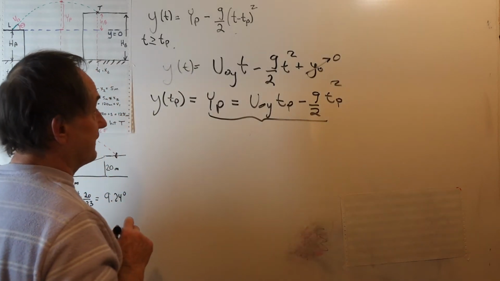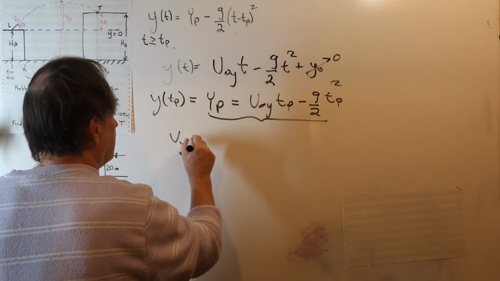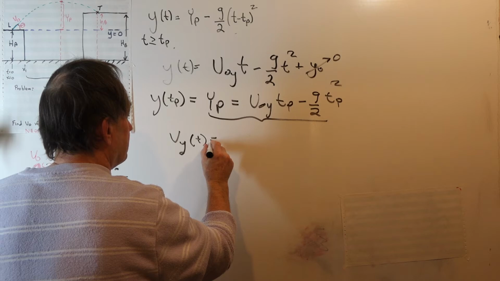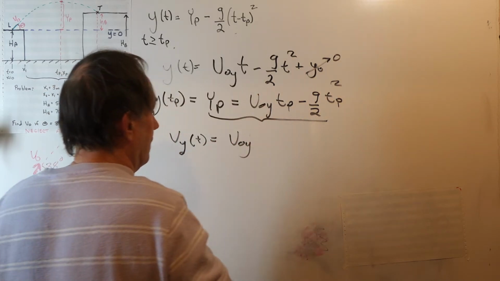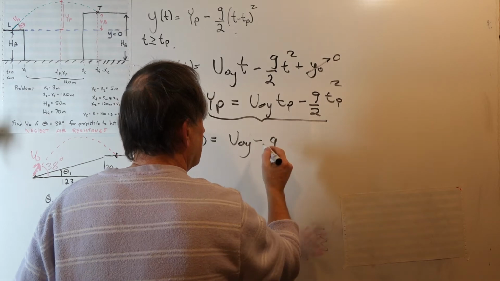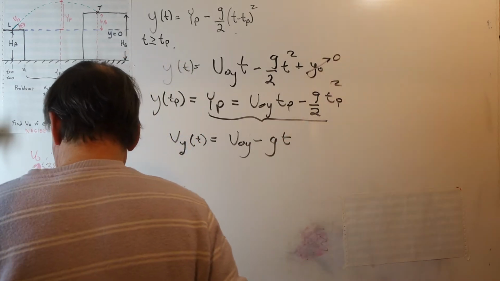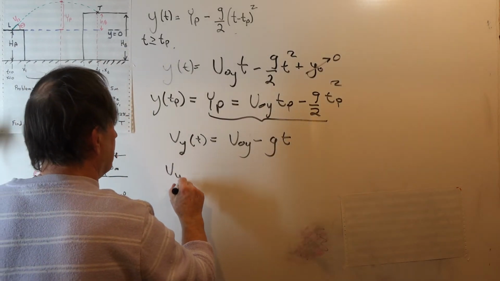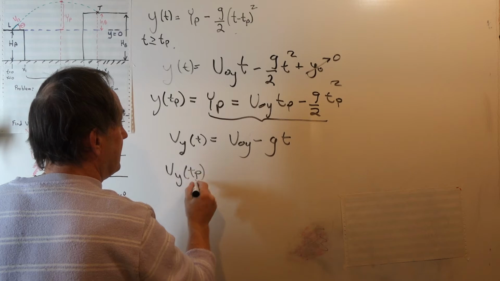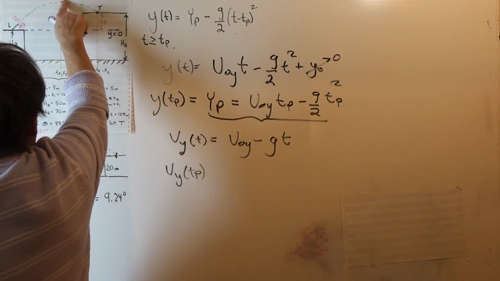Now, let's look at the velocity as a function of time. Well, the velocity in the y direction as a function of time will be the initial velocity in the y direction less the acceleration due to gravity times time. Now, to reach the peak, the velocity in y at the peak is 0. Remember, the projectile comes up, and it hits its peak.